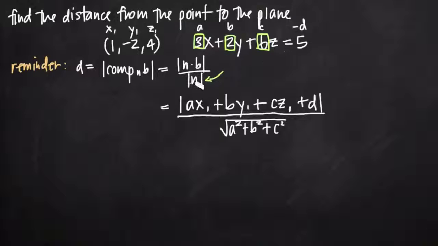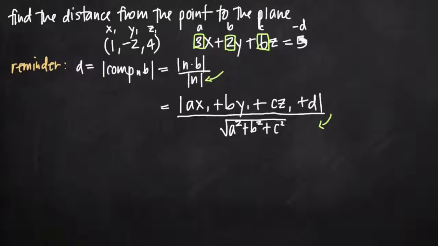If we want to take the magnitude of the normal vector, we just do 3 squared plus 2 squared plus 6 squared and take the square root of that sum. So in fact, the denominators of these two formulas match up exactly. This square root of a squared plus b squared plus c squared is the same as this magnitude of n, the normal vector. It's really just the numerator that we've significantly simplified here.